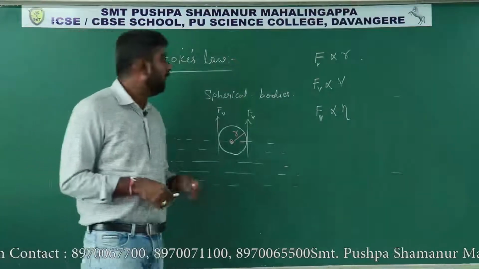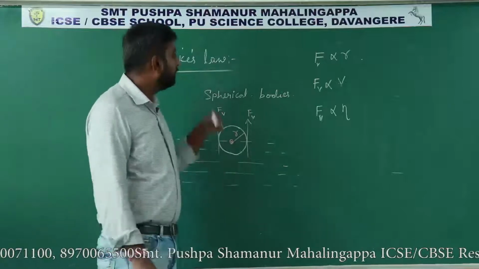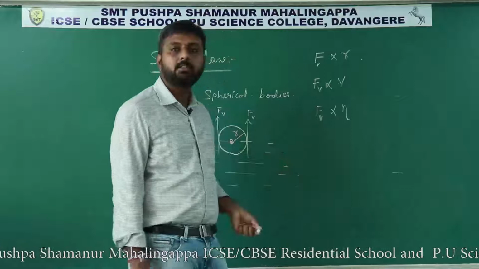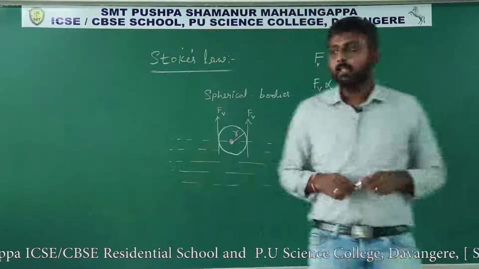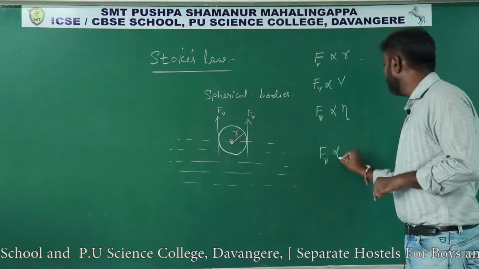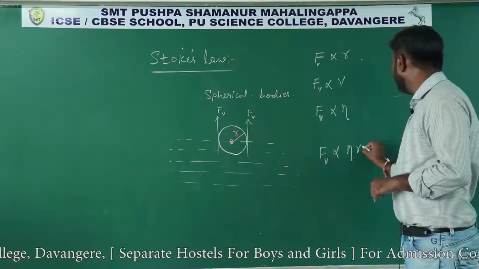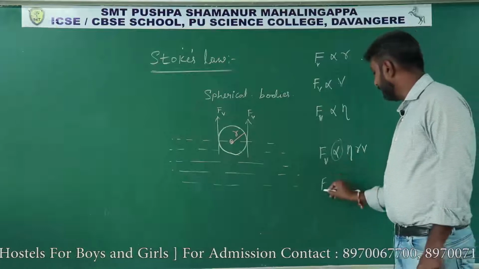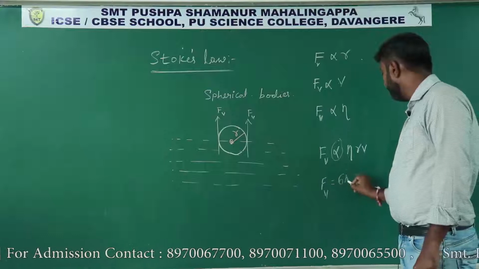Like that, on a spherical body, when it is moving inside a liquid, the viscous force depends on these factors: radius, velocity and coefficient of viscosity. So finally we can write that the viscous force on a spherical body is directly proportional to eta r v. To remove the proportionality constant, experimentally it is found that the value comes to be 6 pi.